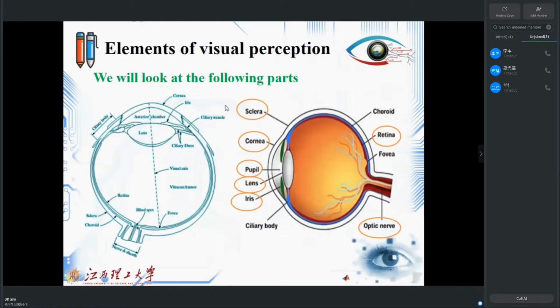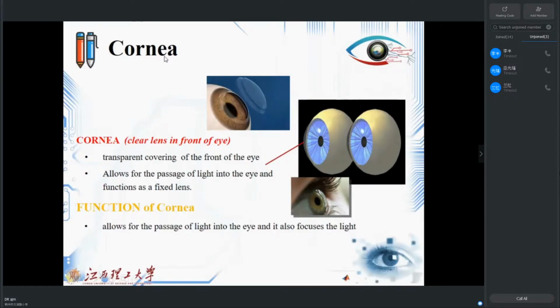The left side is the 3D view, and the right side is the 2D view of our eye. Let us start from the first point, which we call the cornea. The cornea is the clear lens put in front of the eye. It is made of a transparent covering, allows passage of light into the eye, and functions as a fixed lens.